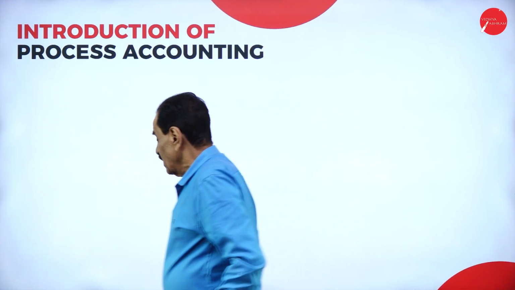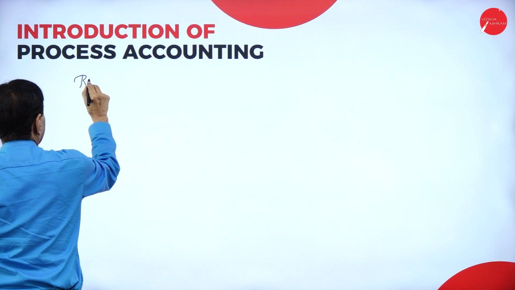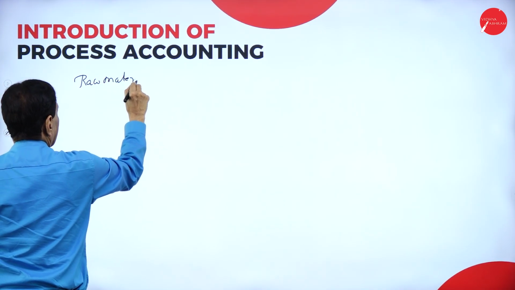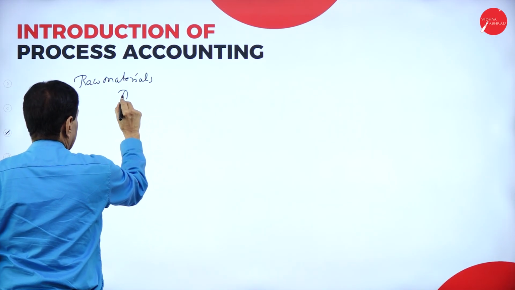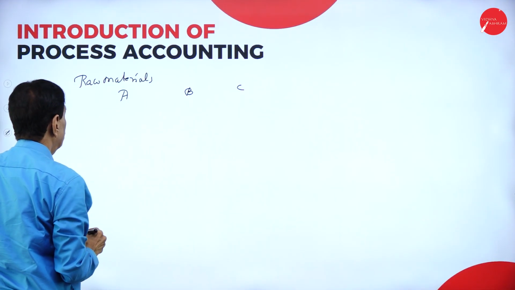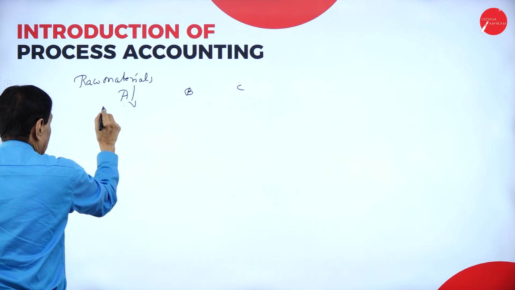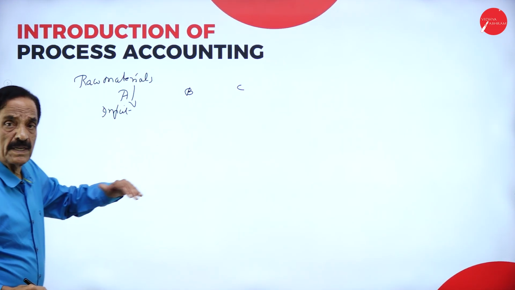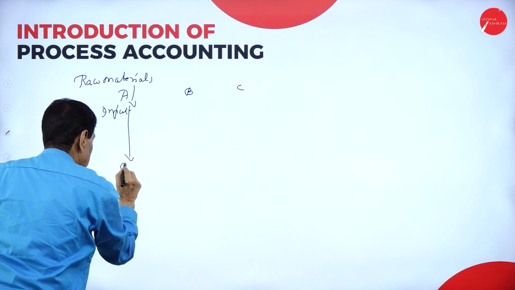Now, I am going to explain what actually a process account means. Assume that there are three processes: process A, process B, process C. Assume that you put the raw materials here. It is an input. In this process, all the expenditure will be made, and we will get the output. This is your output.